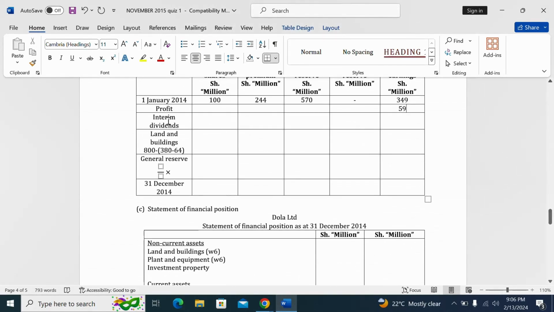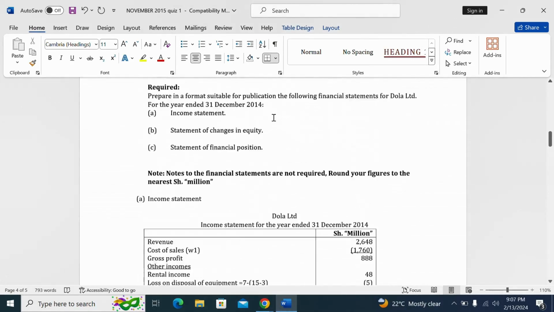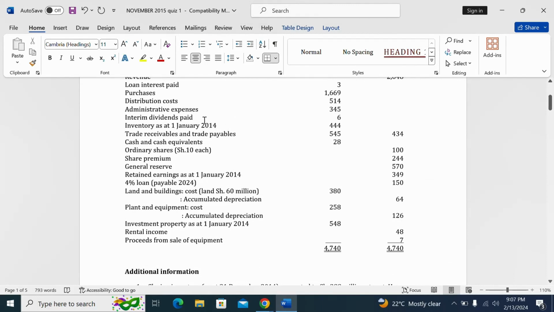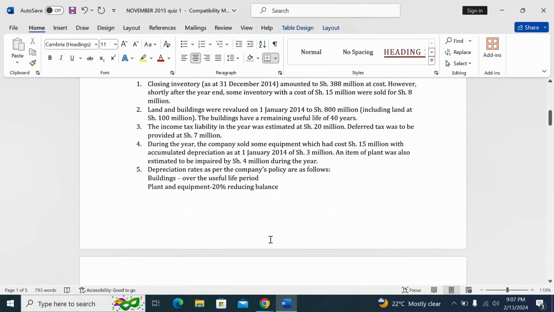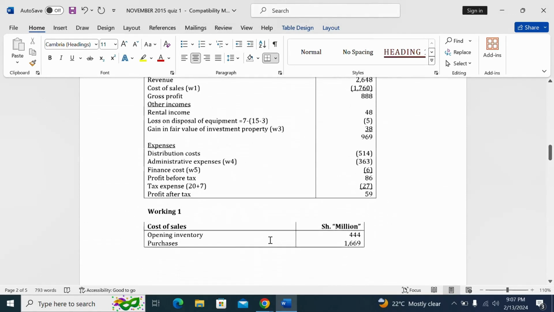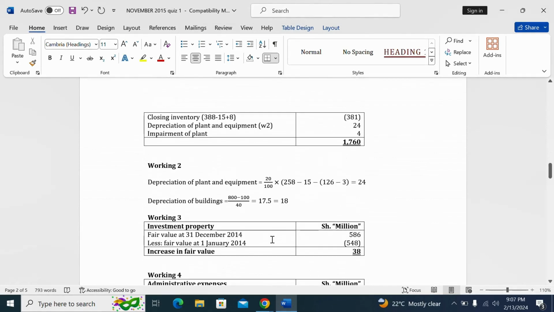Then the interim dividends which were paid. How much was the interim dividend paid during the year? The interim dividend paid was 6 million. And from the additional information, you can see there was no proposal of the final dividend. Remember, interim dividends are dividends which are paid at the middle of the year.